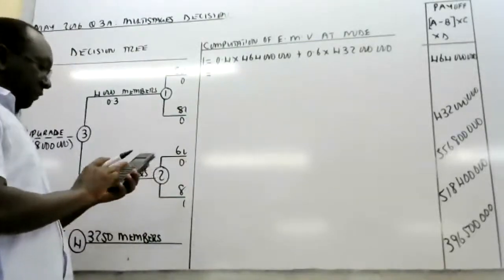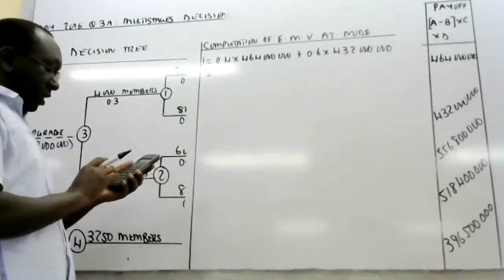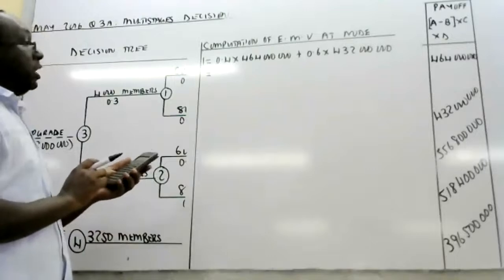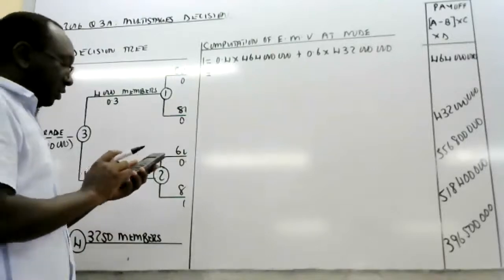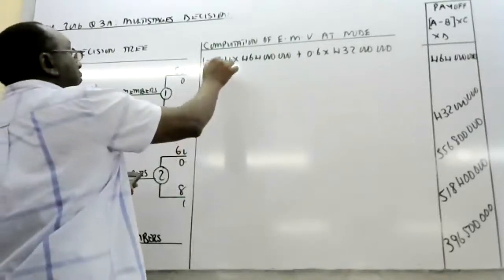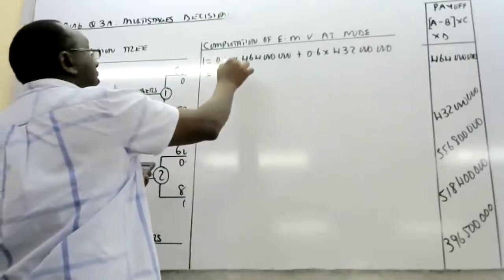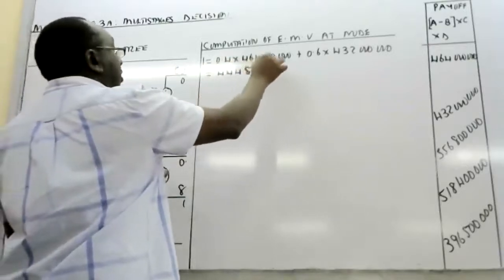So 0.4 times 464 million plus 0.6 times 432 million is 444,800.